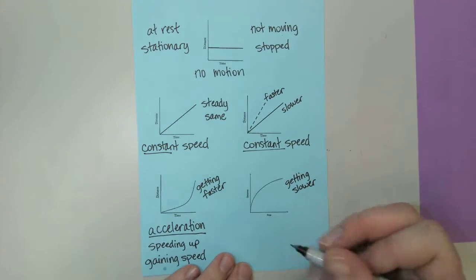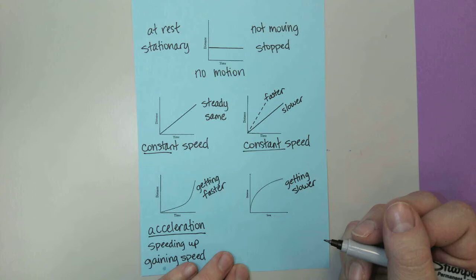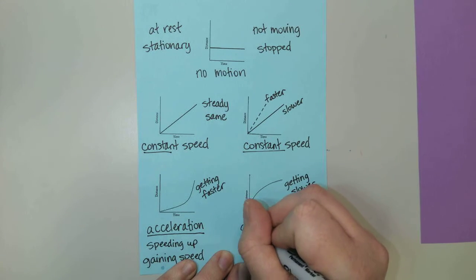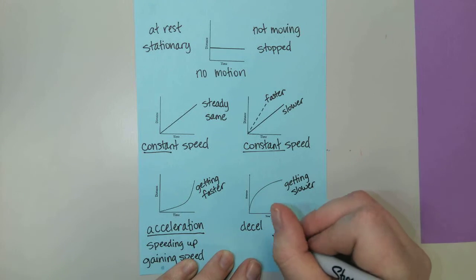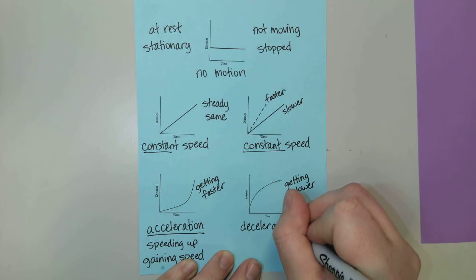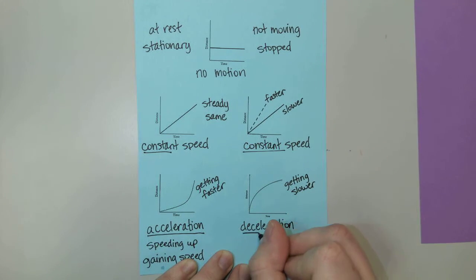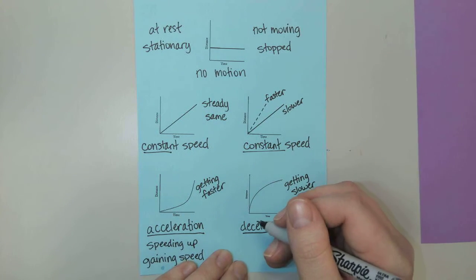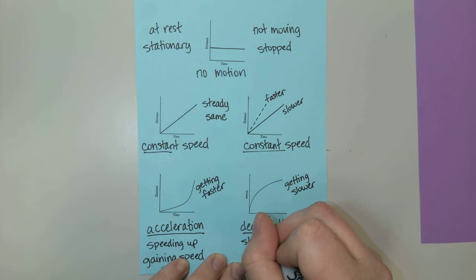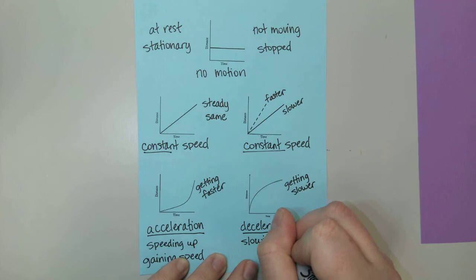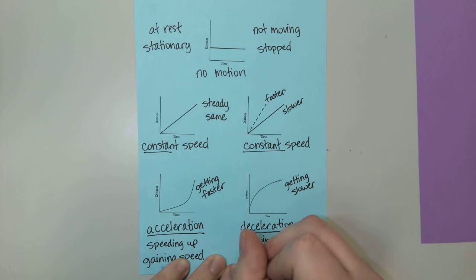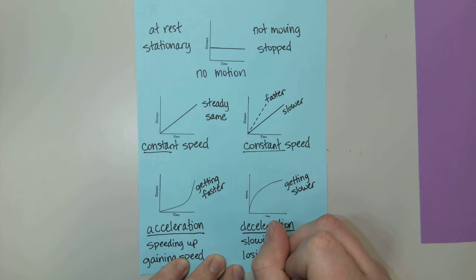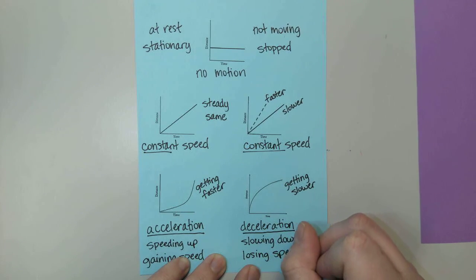The scientific term for this, or a more specific term, is deceleration. Slowing down is another way to describe that. Or instead of gaining speed, we could say losing speed.